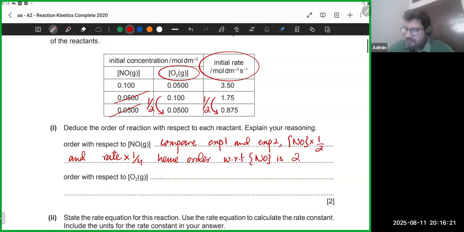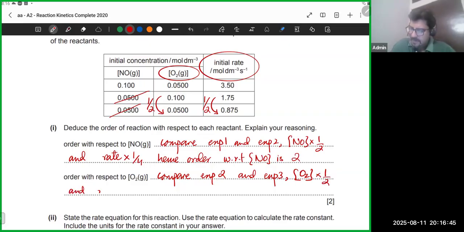So what you're going to write is that if you compare experiments 2 and 3, the concentration of O2 is halved and your rate is also halved.